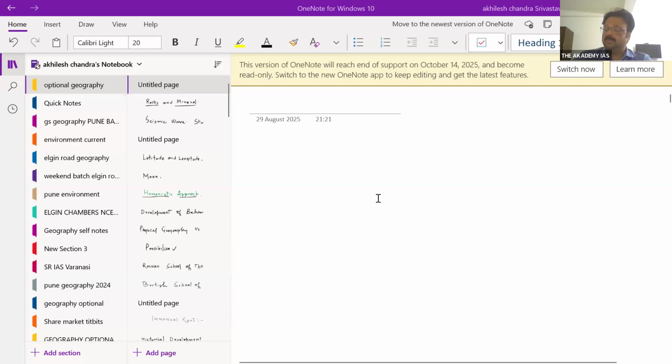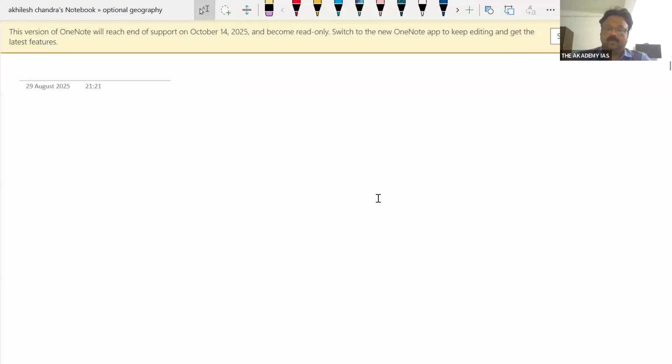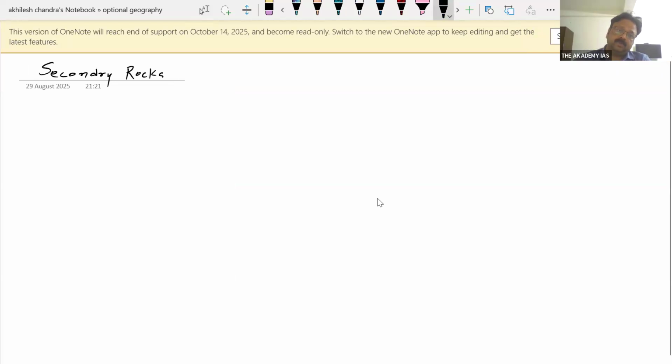Sedimentary and metamorphic is left, so let's take up one by one. We are going to discuss about secondary rocks, and among secondary rock, we have sedimentary rock first.